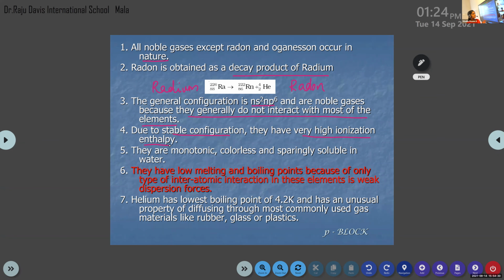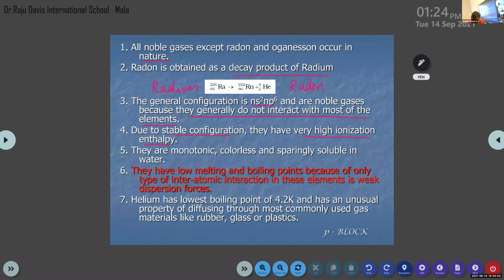Ionization enthalpy is the energy required to remove the electron from the outermost shell, right? Since these noble gases are already stable, it is very difficult to remove one electron from the outermost shell, and it would become unstable. That's why noble gases or inert gases have high ionization enthalpy.